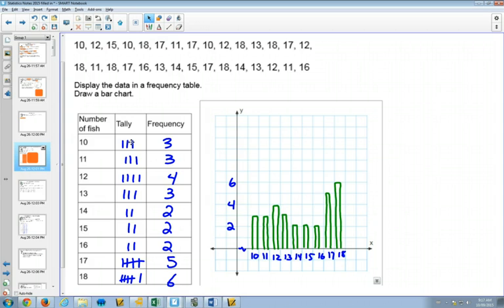I did a little break in my graph here. As far as my graph goes, I haven't labeled it enough yet. I've got my numbers there, 10, 11, 12, 13, 14. I did a little break in there so that my scale still follows nicely.